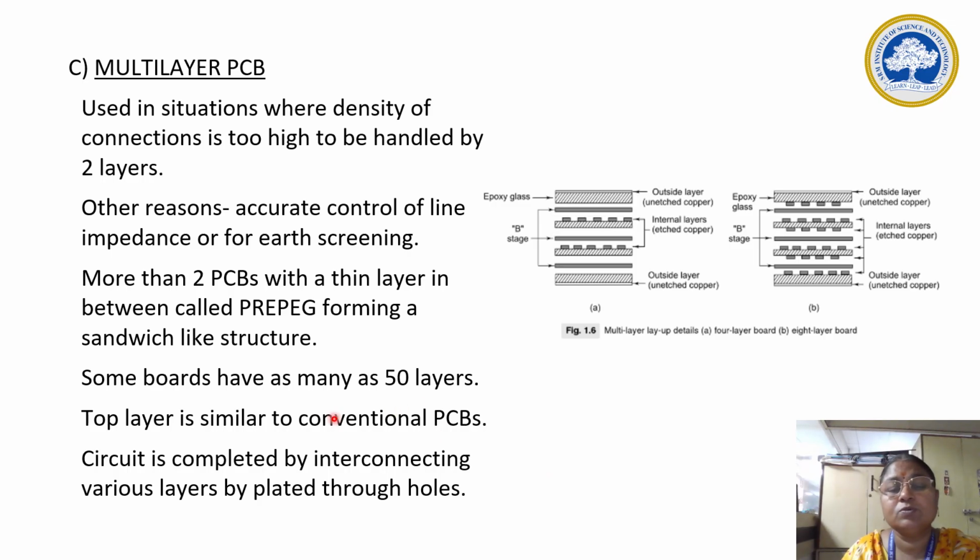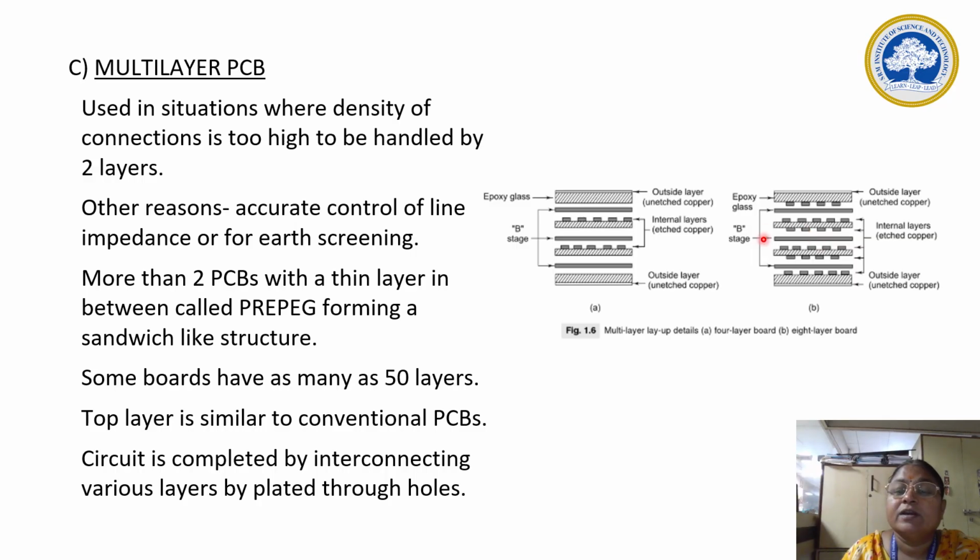In some boards they have many layers, and it is possible to have even 50 layers. But even though we make more layers, the connectivity which has to be established in each and every layer becomes a complex task. Here we call it a sandwich-like structure because of how it is built between layers and etched with copper, because copper is the conductive plate.